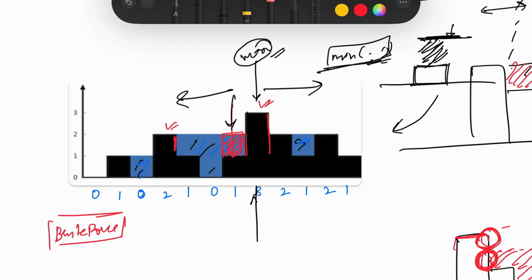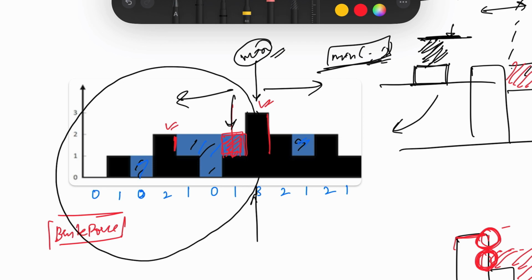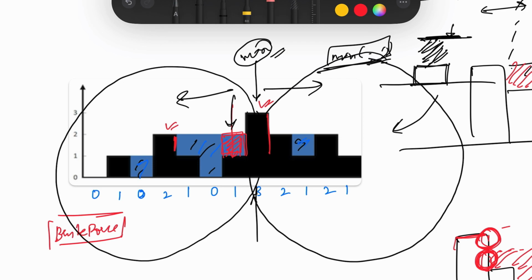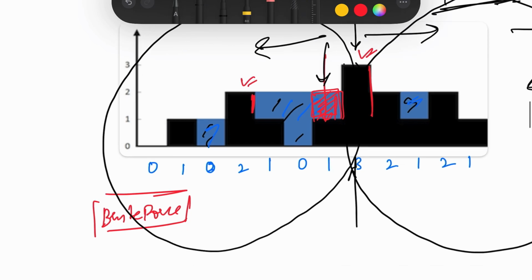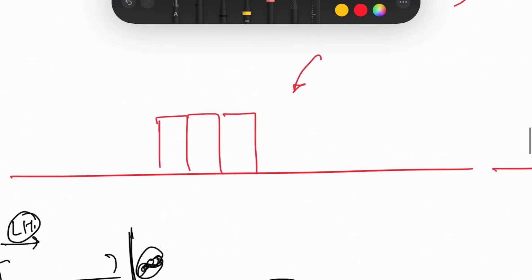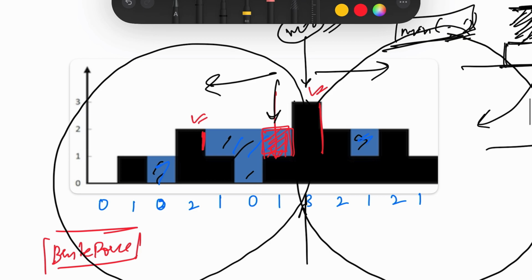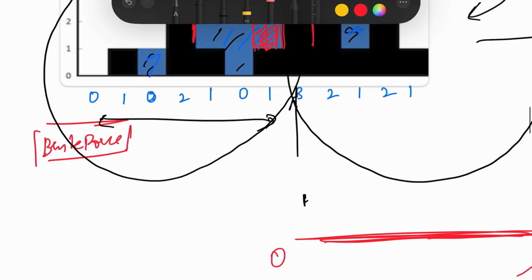So if we break the problem into two halves, let's say this is one half and this is the second half, and if we ignore the second half, the first half will look something like the second example, this one. It means that at every step we already know the maximum height on the right side, and the maximum height on the left side we can calculate while iterating through left to right.